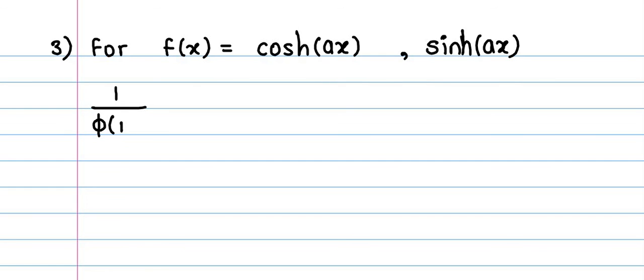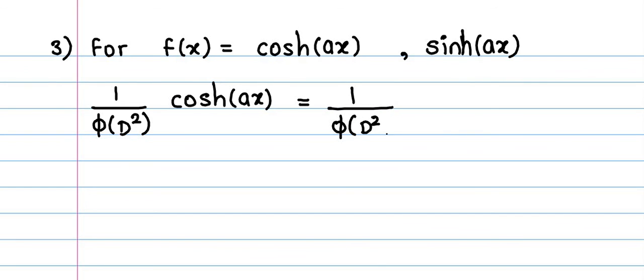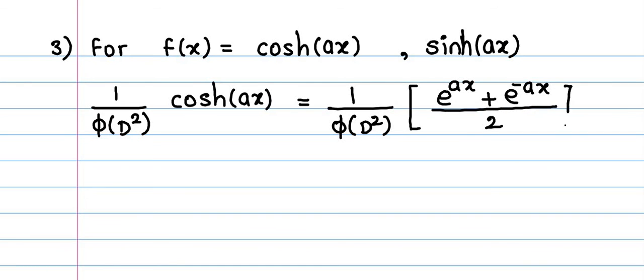Whenever we operate an auxiliary equation in terms of D square on a hyperbolic function, we can use the relation between the hyperbolic function and the exponential function, and that relation for cos hyperbolic ax is e raised to ax plus e raised to minus ax upon 2. Now we can operate this auxiliary equation on each exponential function separately. So 1 upon 2 is common.